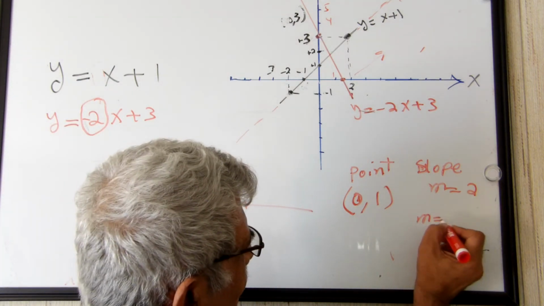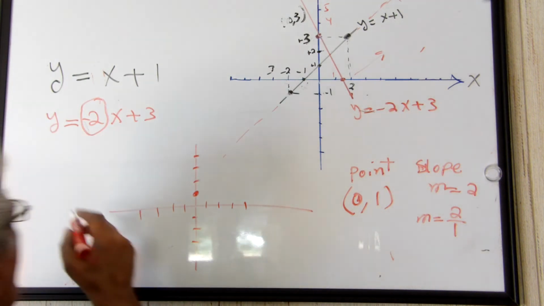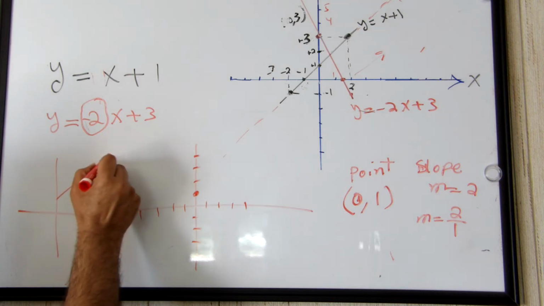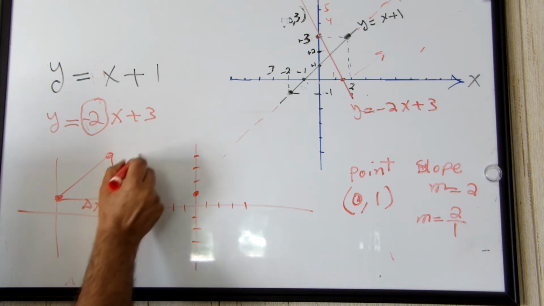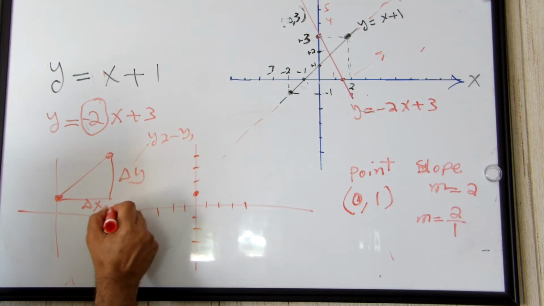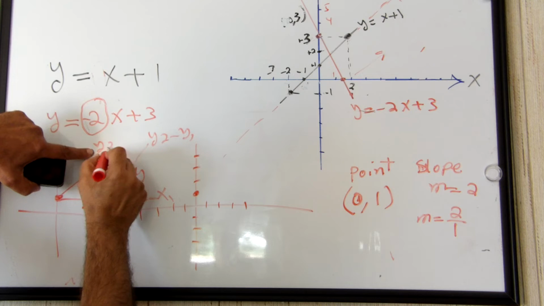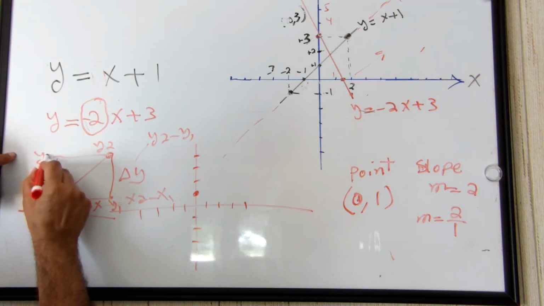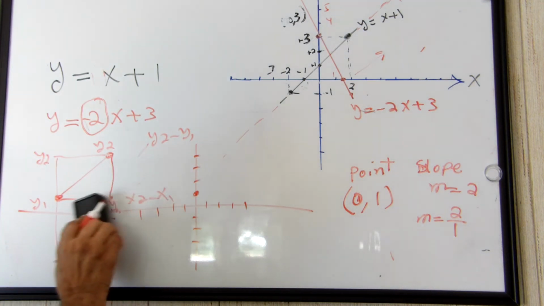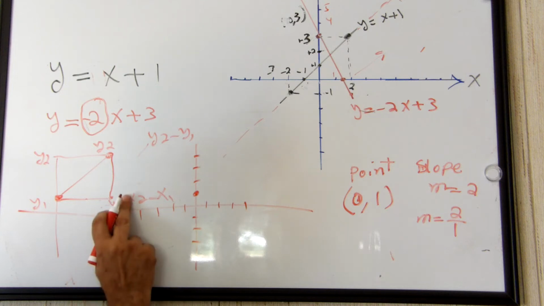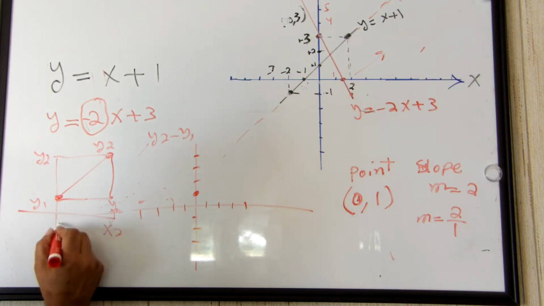M is actually m over 1. As we talked about earlier, if you want to find the slope between two points, it is delta y over delta x, where delta y is y2 minus y1, and delta x is x2 minus x1. This is y2 and this is y1, and from here to here, x2 and x1.